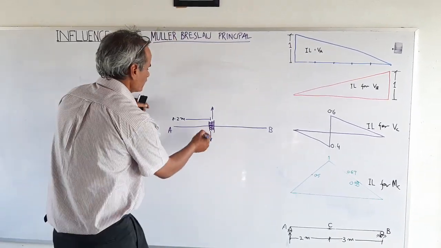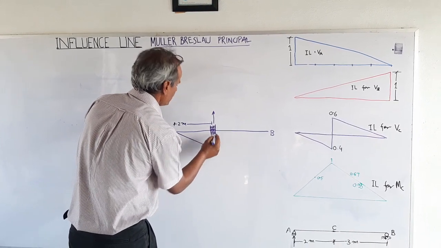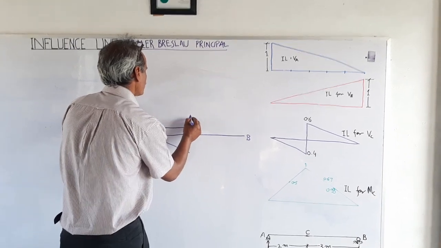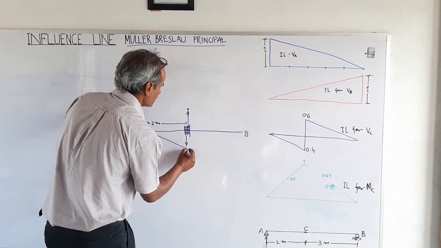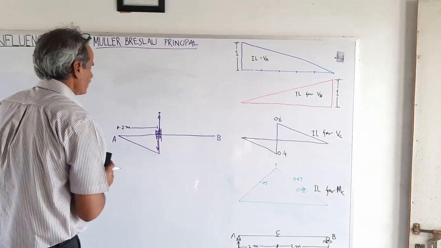Say this one moves downward somewhere over here, and this segment moves somewhere upward over here, alright? And then this is, say, a unit displacement, alright?